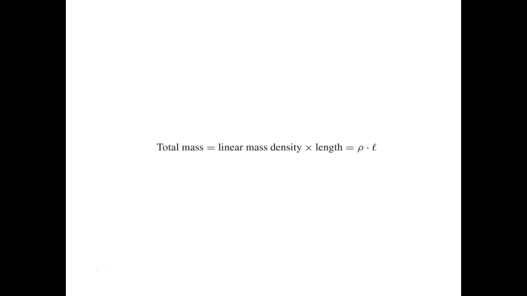But here is a statement: total mass is equal to a density times some other measure. Now that's a rather vague statement. Most of the time I would say total mass would be mass density times volume. When I say mass density, that's mass per unit volume. That would be a density.